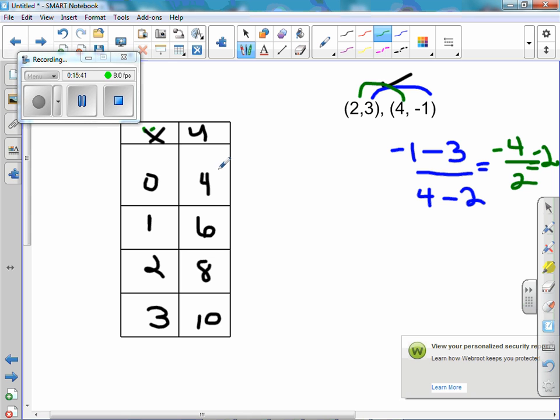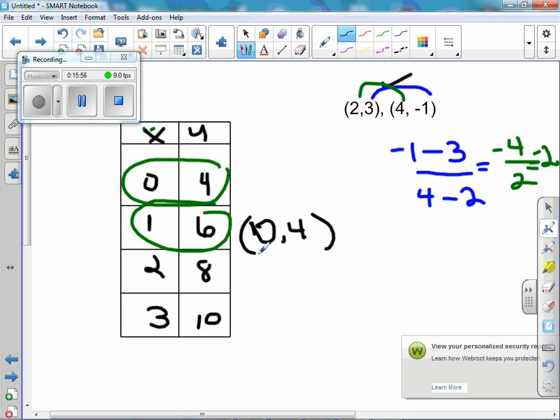Now, what if it's in a table? You can do the same way in a table. If you get 0, 4 is an ordered pair, 1, 6 is an ordered pair, okay? It's easy. You could just write it out. 0, 4. Then you may have 1, 6. So we need the slope of those two numbers or the rate of change. So we're going to just go ahead and subtract 6 minus 4.